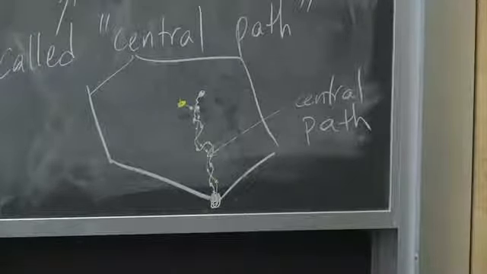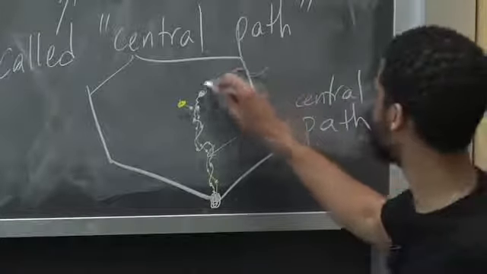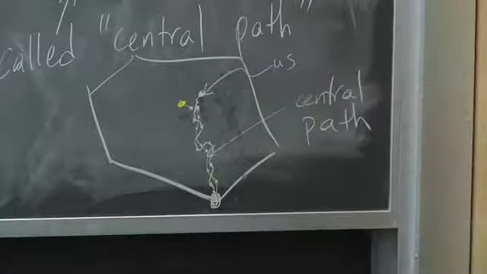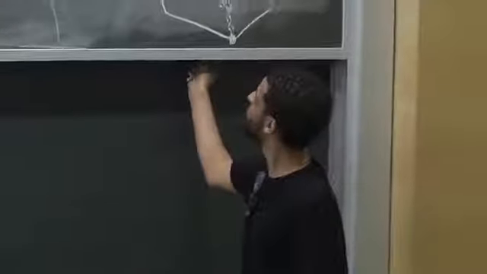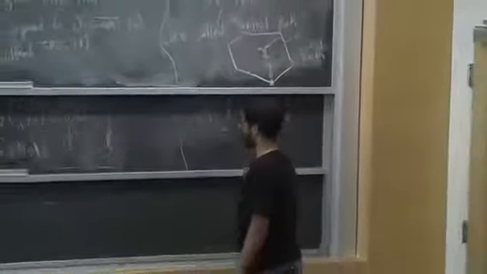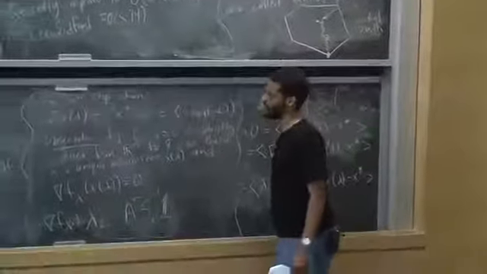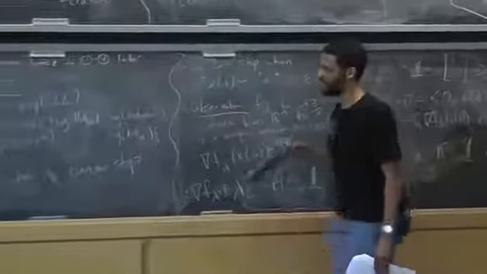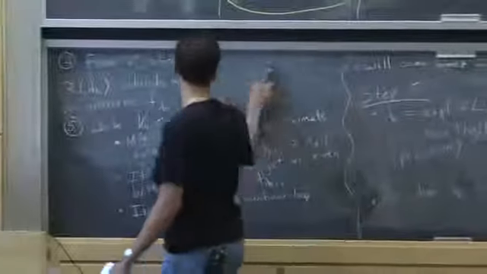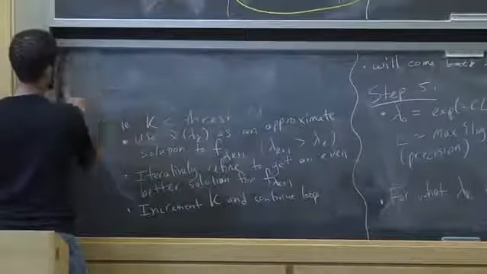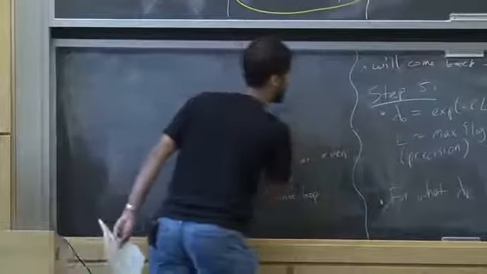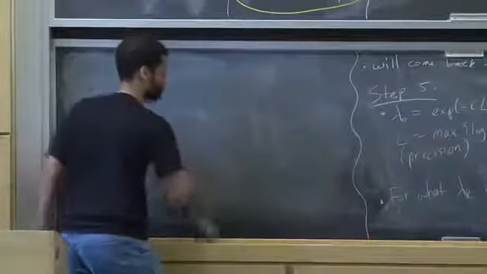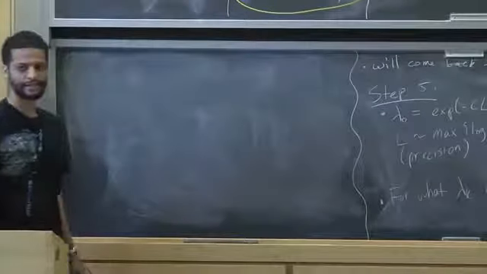So this is a cartoon picture, but that's okay. Not all interior point methods are described in this path following way, but at least the way I'm going to show you in class, I will show you a path following version.